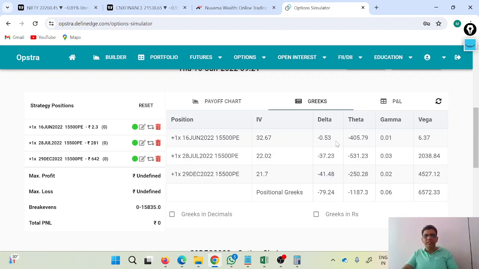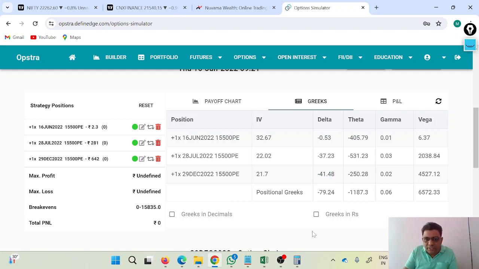The simple calculation: whenever Nifty goes down by 100 points, this will increase by, I would say, 53 paisa, or 0.5 rupees. Whenever Nifty goes down by 100 points, this will increase by 37. And when Nifty goes down by 100 points, this will increase by 41 rupees or 41 points. This is a simple calculation.